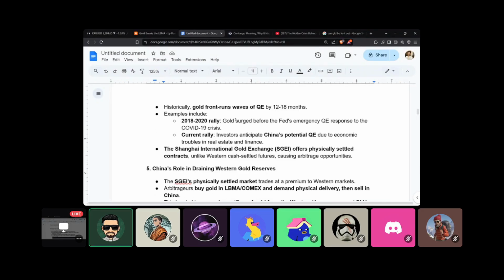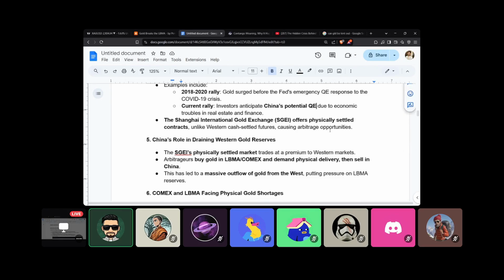Examples: gold surged before the Fed's emergency QE during COVID. Current rally, China's potential QE. Yeah, there were guys on Twitter explaining how China is doing QE right now. So yeah, this thing plays out.